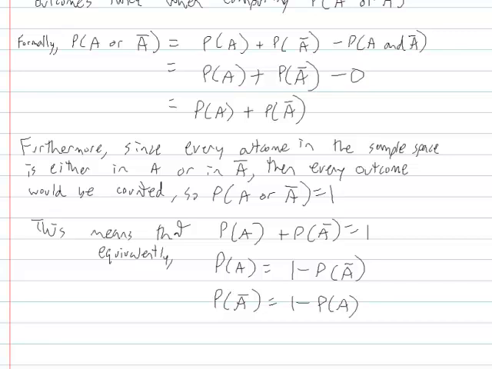And furthermore, since every outcome in the sample space is either in A or in A bar, then every outcome would be counted. So probability of A or A bar is equal to 1.